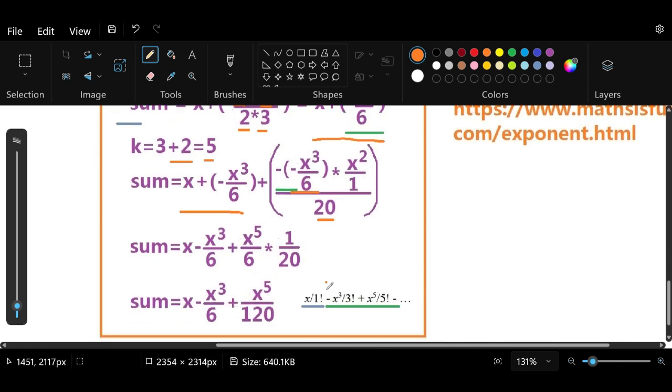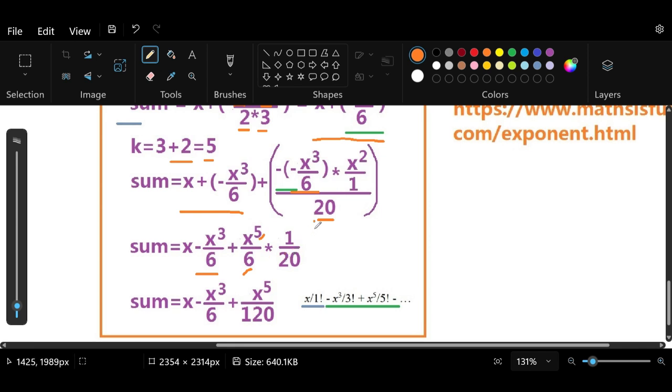So if we continue on with this, we will get, this one will be minus, and then this one would be x cubed divided by 6 times x squared over 1. Then what we'll get would be x to the fifth, and then divided by 6.